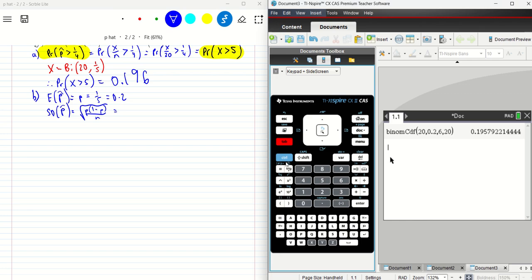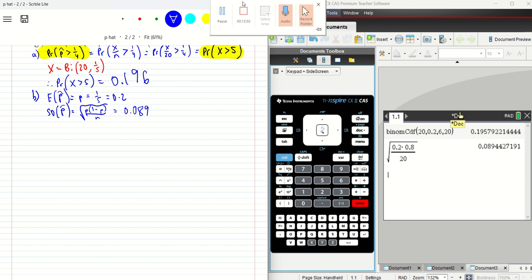So square root, that's better. And what do we want? p, which is 0.2, times 0.8, 1 minus p, over size n. n was 20, and there's my answer. So standard deviation is 0.089.